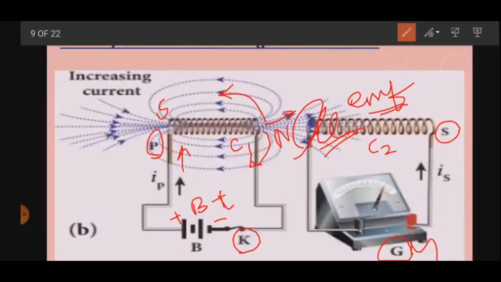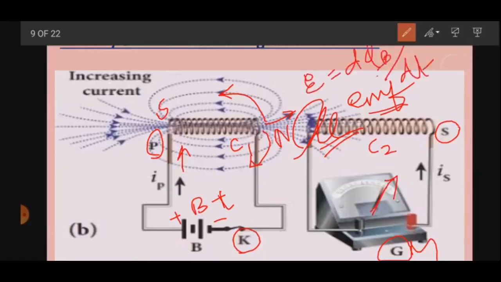This induced EMF flowing through the closed circuit is called induced current. So this current deflects the galvanometer. Students, now tell me Faraday's law of induced current. E is equal to d phi B divided by dt.